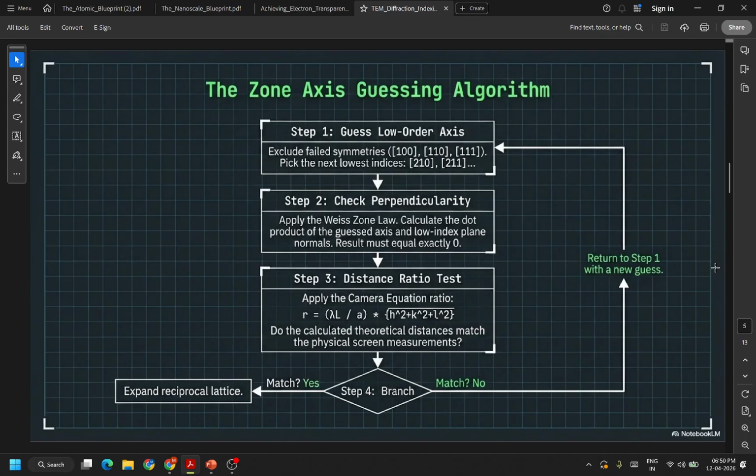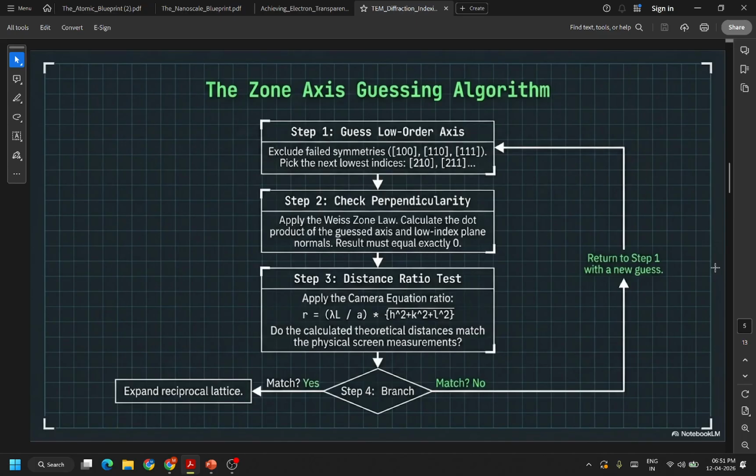Then we apply the Weiss zone law, and we calculate the dot product of the guessed axis and low order plane normals, and the result must be exactly zero. So we studied that hu plus kv plus lw equals 0. We have to apply that formula here to see if it holds.